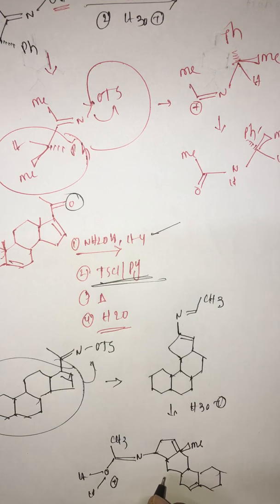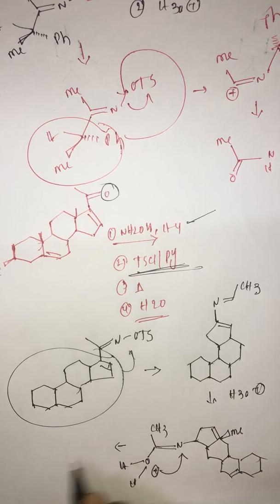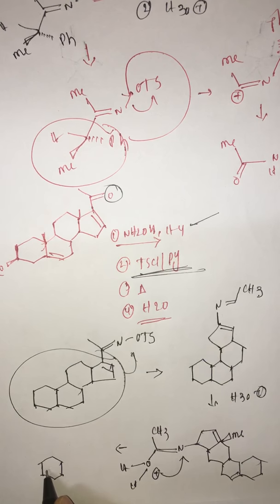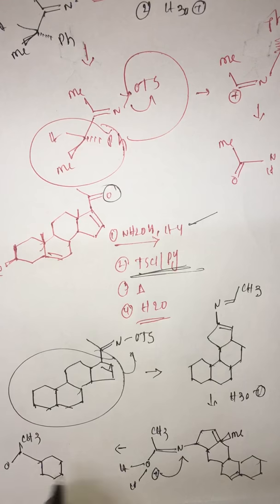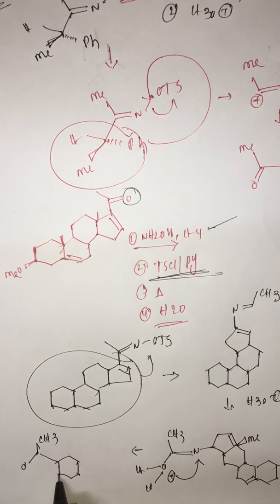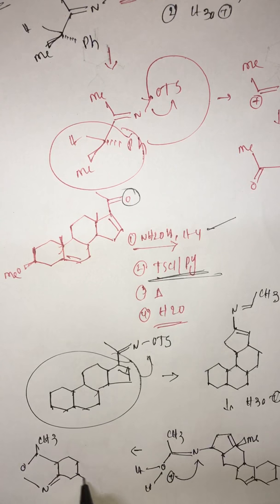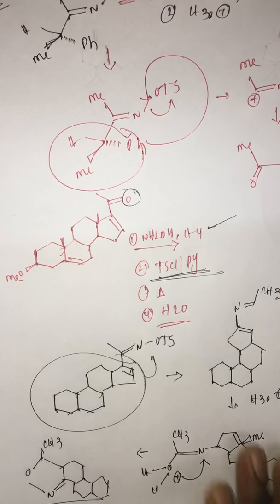Okay, and now this positive charge goes and attacks here, and the final product will be CH3 here, oxygen, and a double bond in this one. So this is the final product we will get.